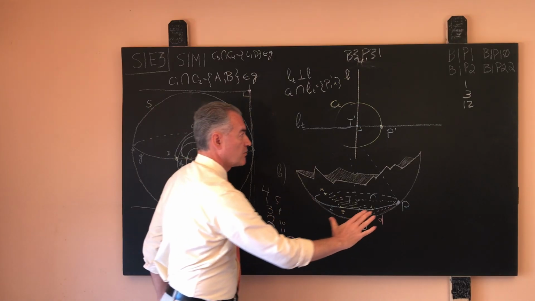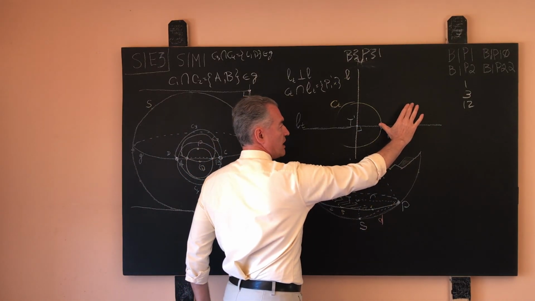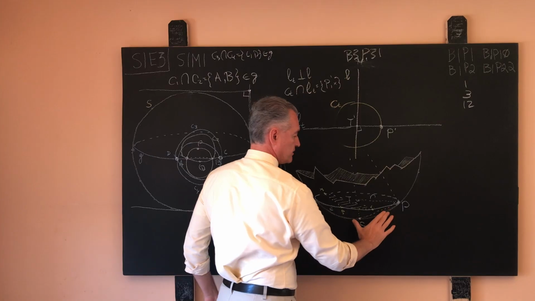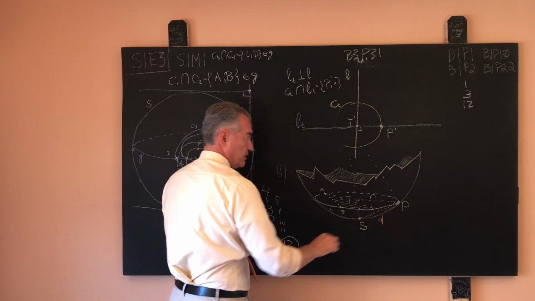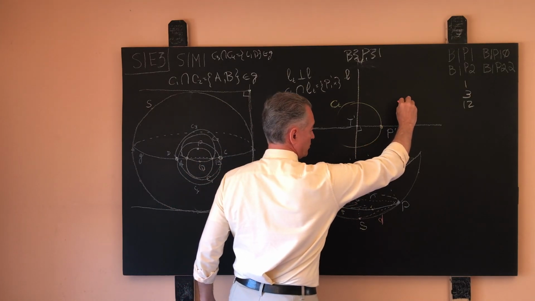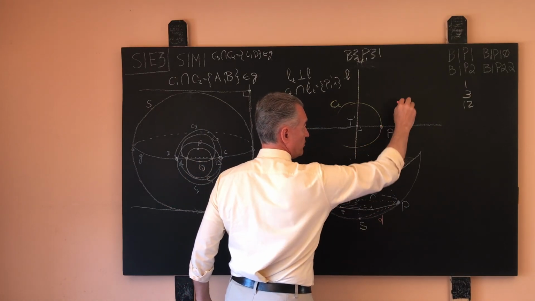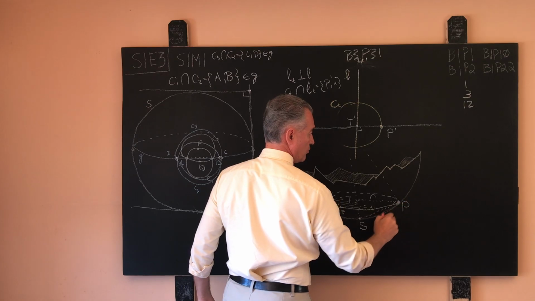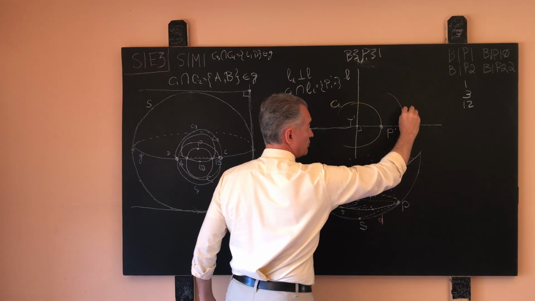We carry that compass to the point P prime, and with that radius SP, or the distance D, we construct, let me use the red one, a circle centered at the point P prime with the radius SP, or D, like so.